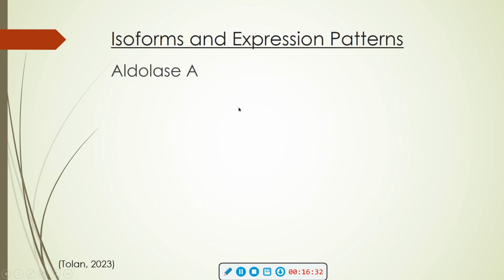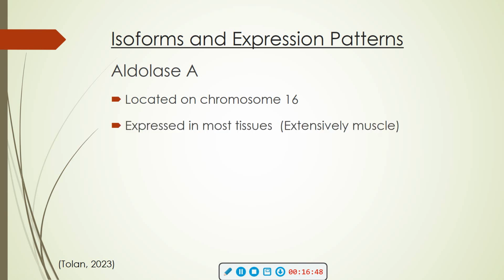There are 3, and they are just called A, B, C: Aldolase A, Aldolase B, Aldolase C. I'm going to do each one of them one at a time. Aldolase A is located on chromosome 16, and it is sporadically expressed in most tissues. However, its largest expression is in the muscle.